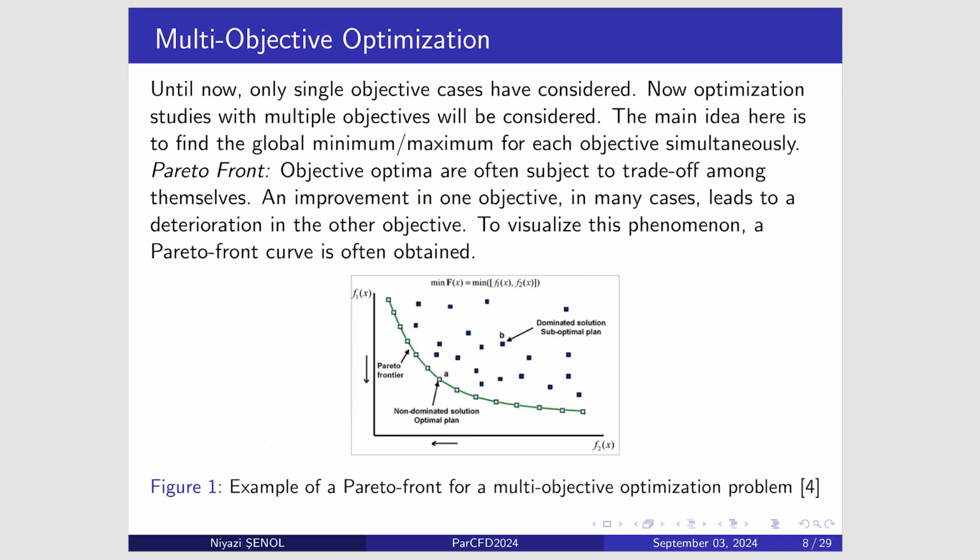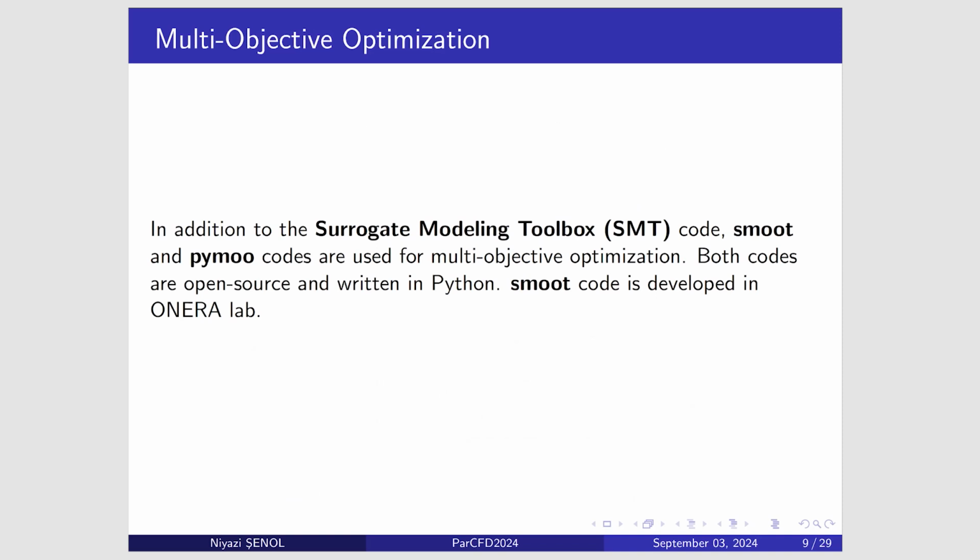The Pareto front gives the non-dominated solutions, and above the Pareto front are dominated solutions. For multi-objective optimization, we also use the surrogate modeling toolbox, SMT, and the pymoo codes.